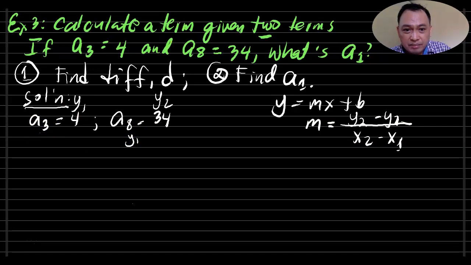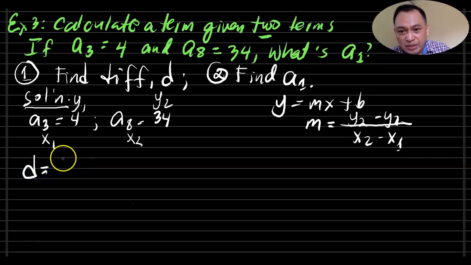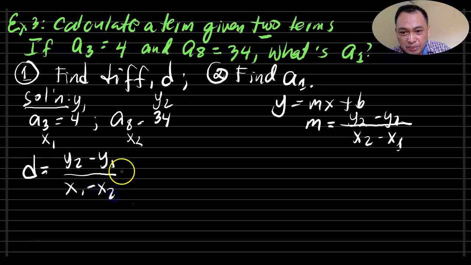So I will make 34 and 4 my y2 and y1, and 8 and 3 are going to be my x2 and x1. Now I'm going to find the difference using the same idea. The difference is going to become y2 minus y1 over x2 minus x1.